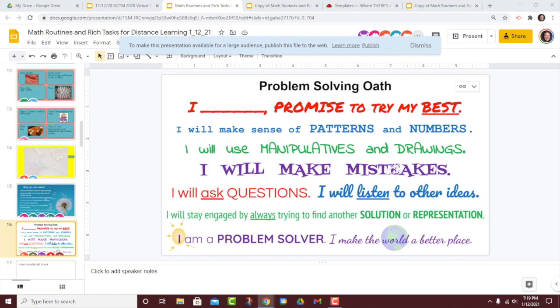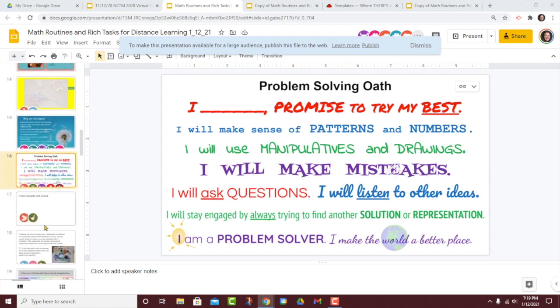I am a problem solver. I make the world a better place. Look at all these problem solvers we have here. And this is just such a great way to start off our math task.